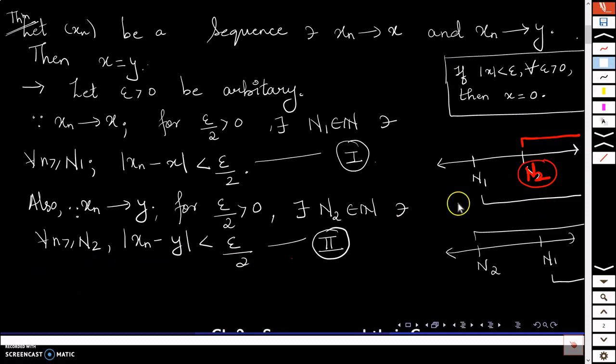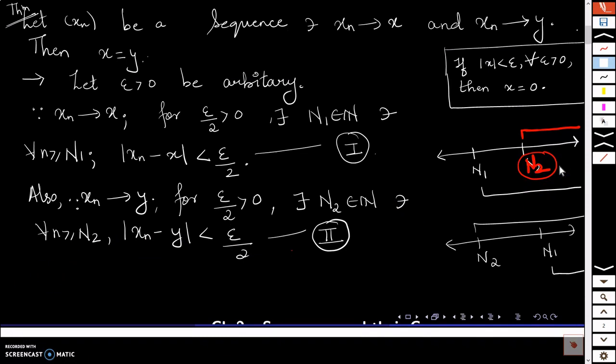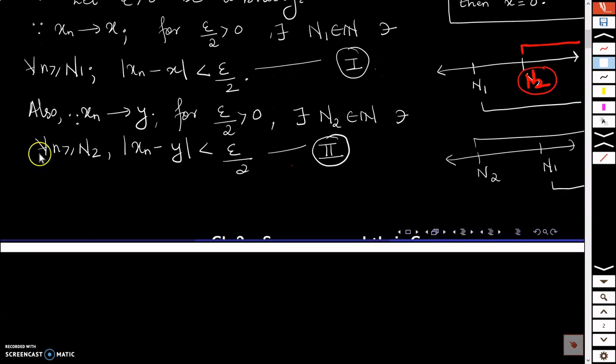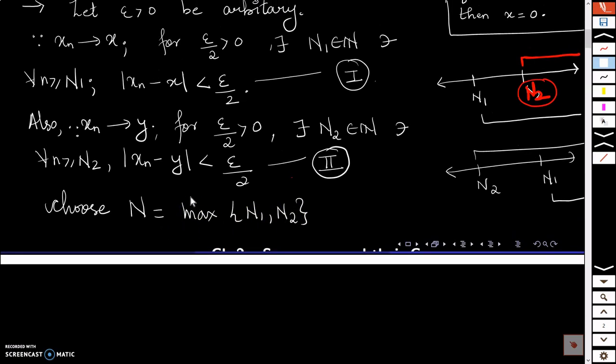Okay. So I need one natural number now. So I will choose that natural number to be the maximum of n1 and n2. So choose a natural number capital N now to be the maximum of the natural numbers n1 and n2. And for this maximum, statement 1 as well as statement 2 is going to hold, right, as you can see from the diagram.